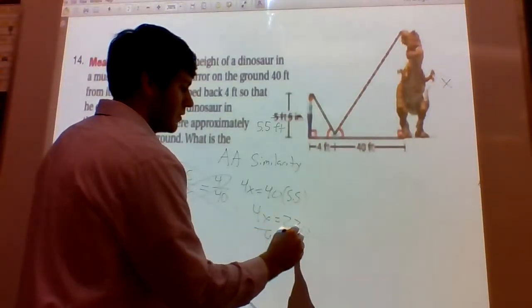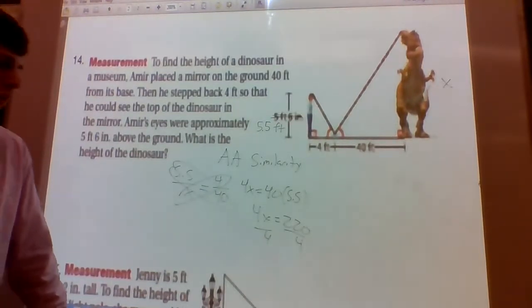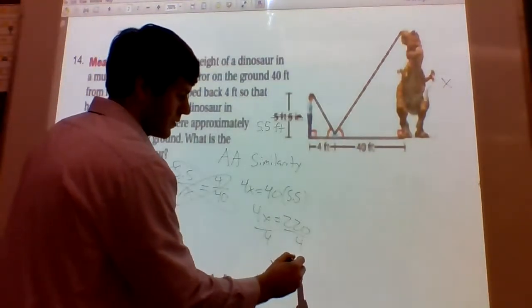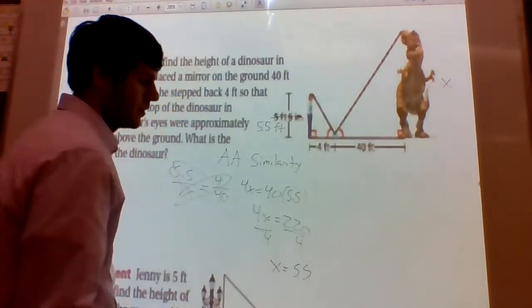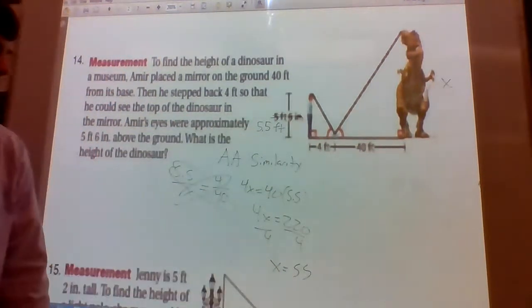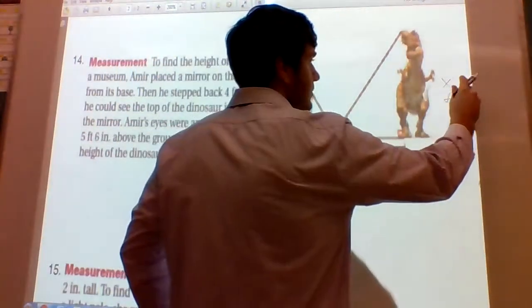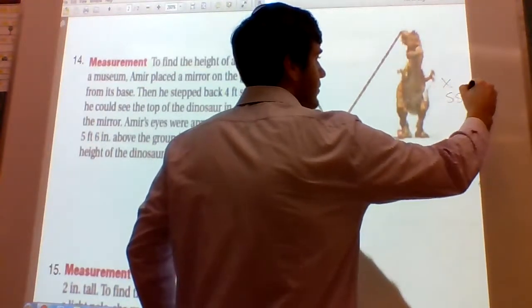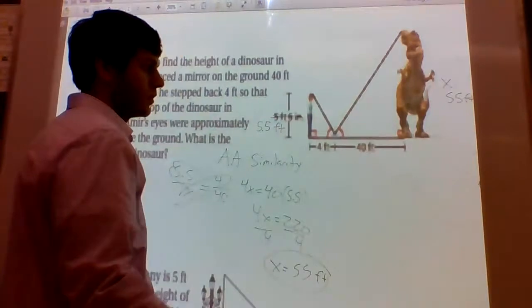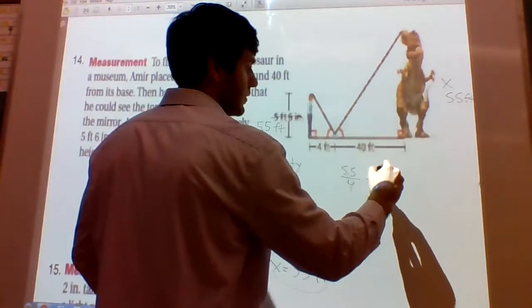Then we divide by 4. X is 55, which is what we said: 5.5 times 10 is 55 feet. So 5.5 out of 4 is going to equal 55 out of 40.